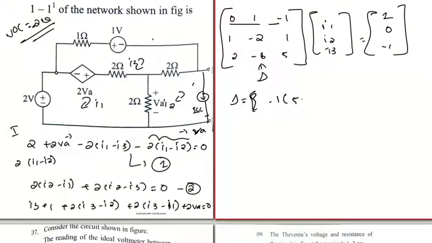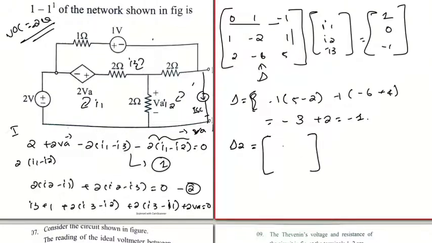So I get delta equal to minus 1, and for delta 2, I have to replace the second column by 1, 0, minus 1, then finding out the determinant, I will get delta 2 equal to minus 2.